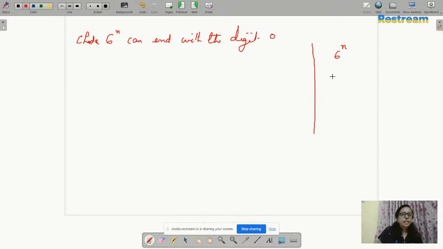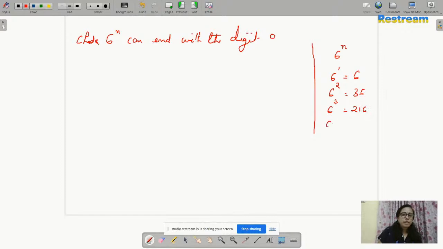6 raised to n. Here n can be any natural number: 1, 2, 3, 4, 5, 6 and so on. If you substitute any value for n, 6 raised to 1 is equal to 6, 6 raised to 2 is equal to 36, 6 raised to the power 3 is equal to 216.